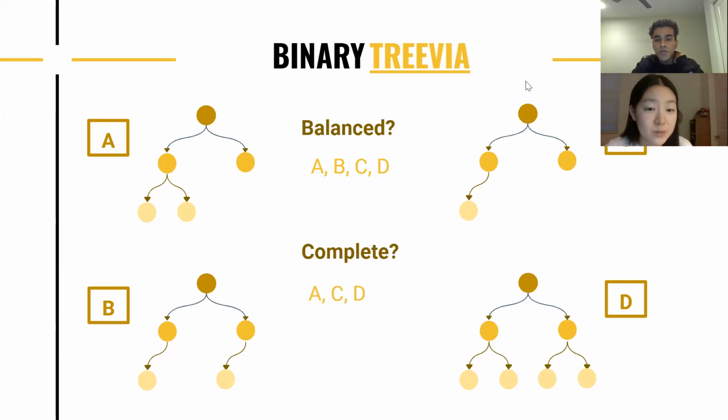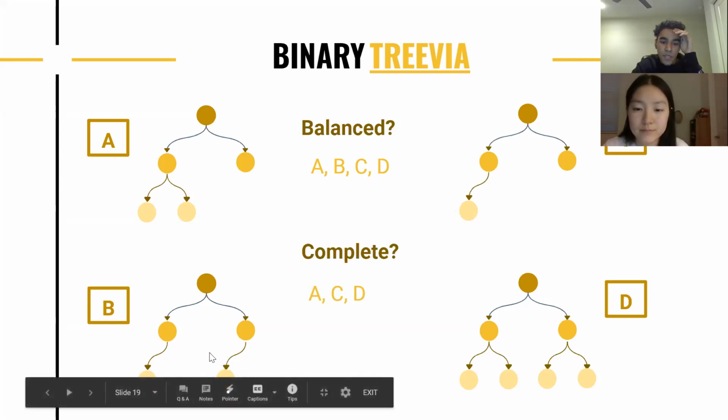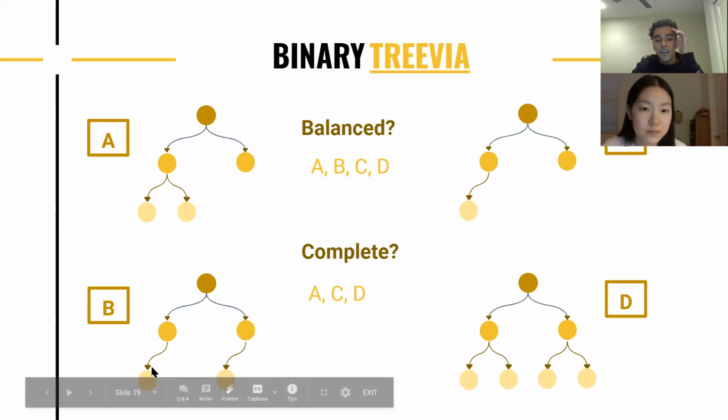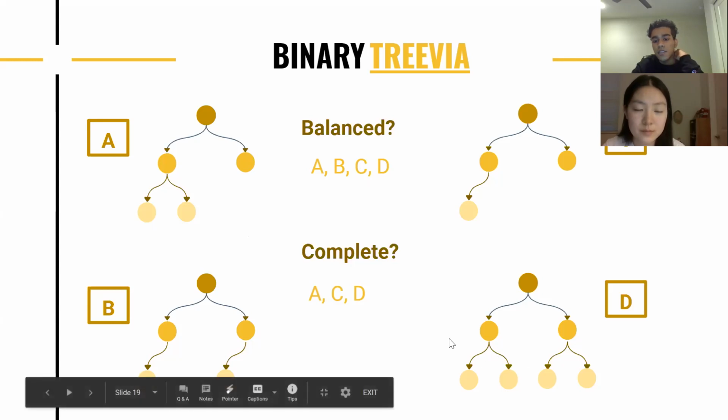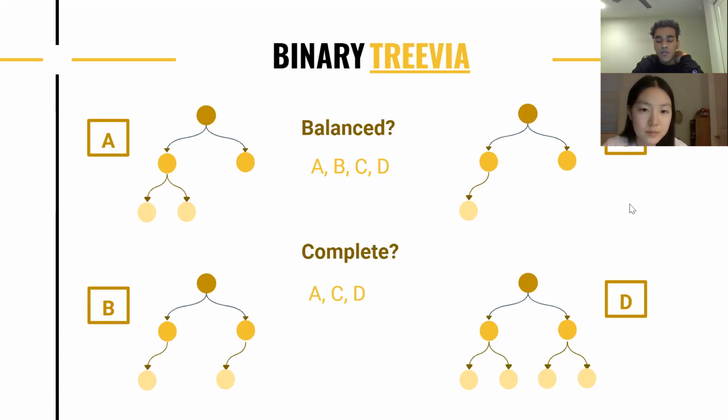So essentially what constitutes a complete binary tree is a binary tree where all of the levels are either filled out or the last level has all items moved to the leftmost side. So in this example B, it wouldn't qualify because we see that this node could be over here if we wanted it to be complete, but it's not. In all of these cases, the leaf nodes are all pushed to the very left, or it's completely filled out. So these are examples of complete trees.